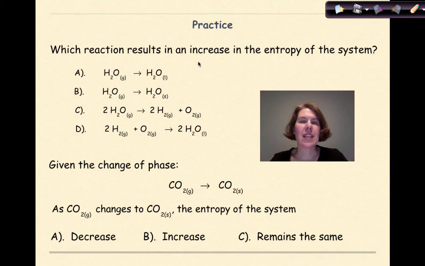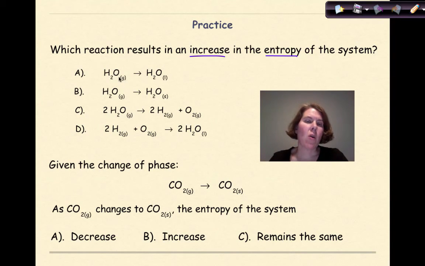Which reaction results in an increase in the entropy or spontaneity of the system? So here we have 4 different chemical equations to look at. Notice that they're all water-based. We have the first 2 going through phase change, the next one which is the electrolysis of water, and the last one which is the formation of water.